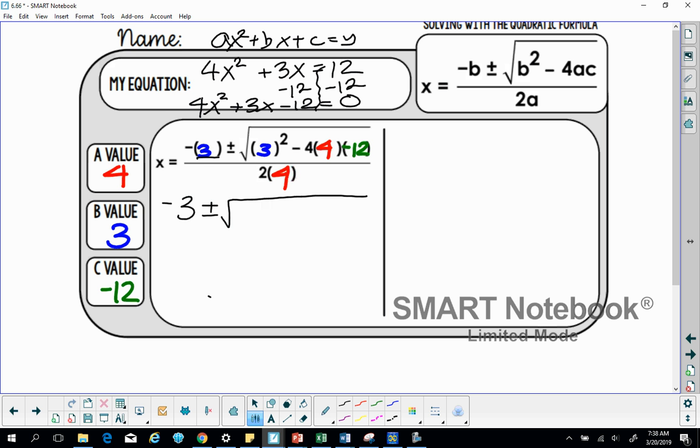What is 3 squared? 3 times 3? 9. And then what's 4 times 4 times negative 12? Or negative 4. So when I see 2 negatives, I automatically know that's going to turn to a plus sign. So what's 4 times 4 times 12?